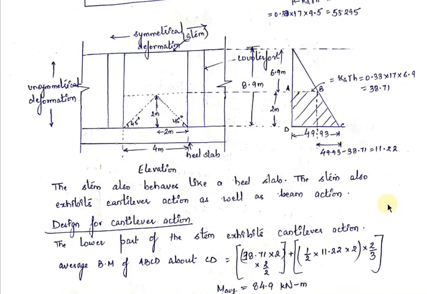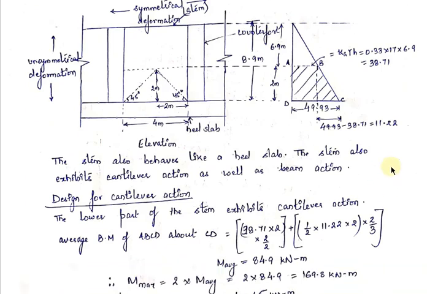Now, in order to calculate the bending moment, we first calculate the average bending moment, and from the average bending moment we then calculate the maximum bending moment. We are going to follow the same procedure which we followed during the design of the heel slab, because the behavior of the stem is same as that of the heel slab.